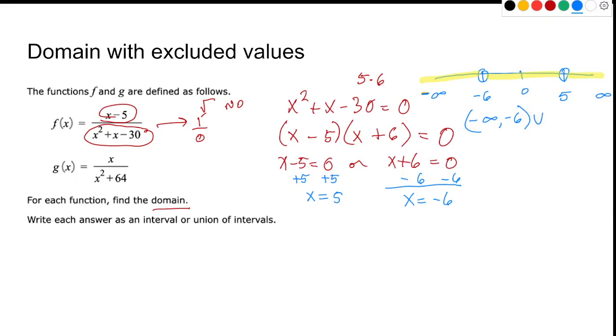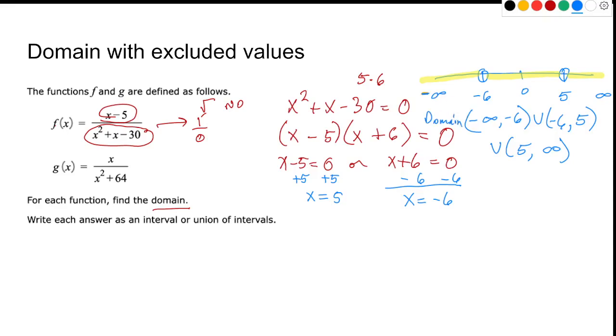So we say union, again, negative 6. We're not using negative 6, so that's a complicated way, but it's a way to exclude negative 6. We go from negative 6 to 5. And then we do this union again. We go from 5 all the way to infinity. So this is again a complicated way of writing things, but it is a way of saying not negative 6 and not 5. So this is our domain.